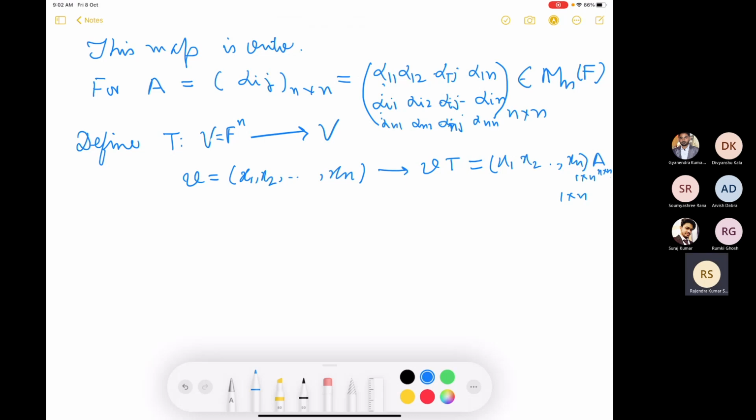So what is VIT? Let us take the standard basis, say B, for this V equal to Fn. The standard basis is V1, V2, Vn. So this V therefore is x1, x2, xn.